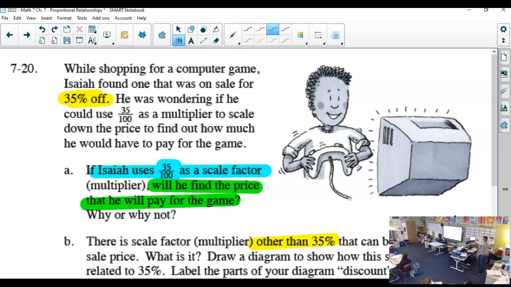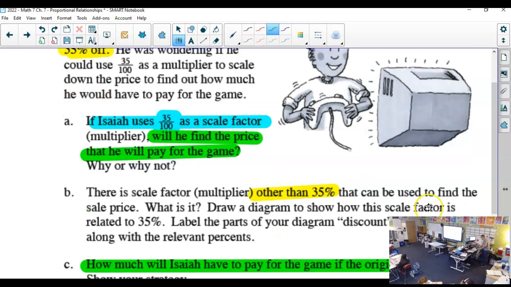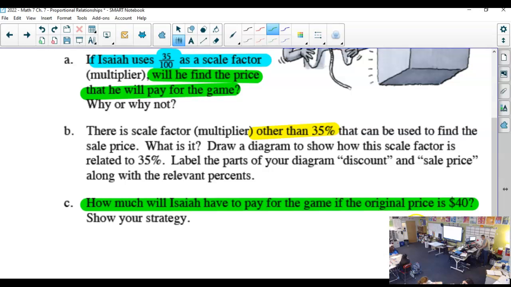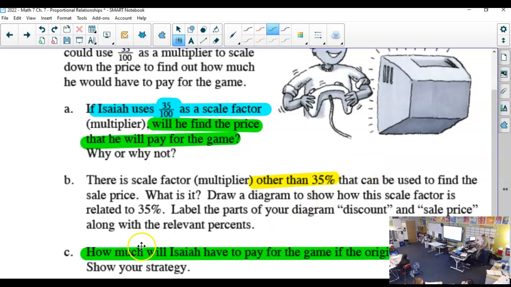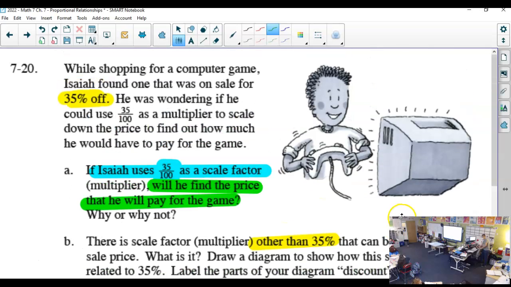If the computer is 35% off, talk with your team. How can we solve this? If the computer game, sorry, not the computer. So, hold up, because you can't see all of this, and I want you to write it, like, you might want to make a note right now. Your original price is $40. Original price is $40.